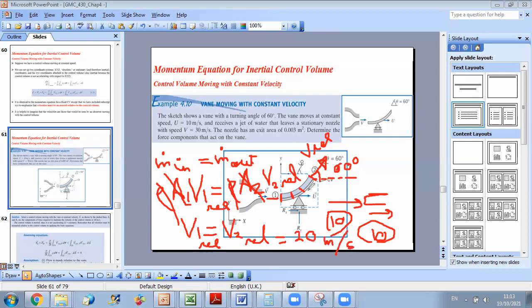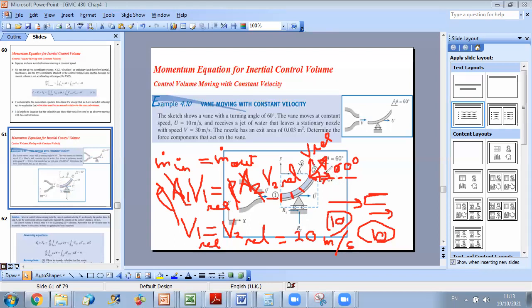Okay, but the problem at the exit is that the flow is not straight, so we should pay attention: at the exit we will divide the relative velocity into two components, one along x, one along y.